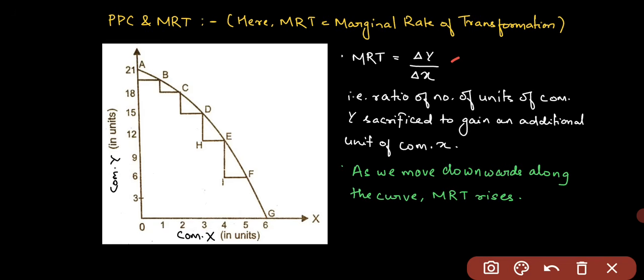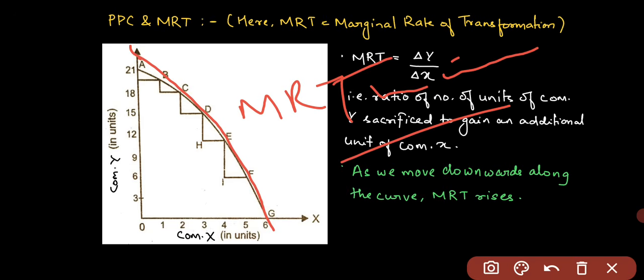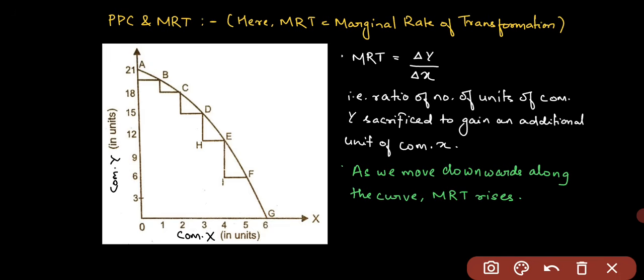When we move downward along the curve from A to B, B to C, C to D, D to E, E to F, and F to G, marginal rate of transformation increases, or marginal opportunity cost increases. We are sacrificing more of commodity Y to get an additional unit of commodity X, right? So, this is the shape, right?